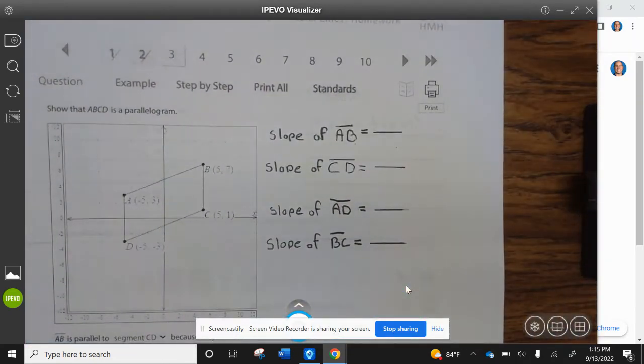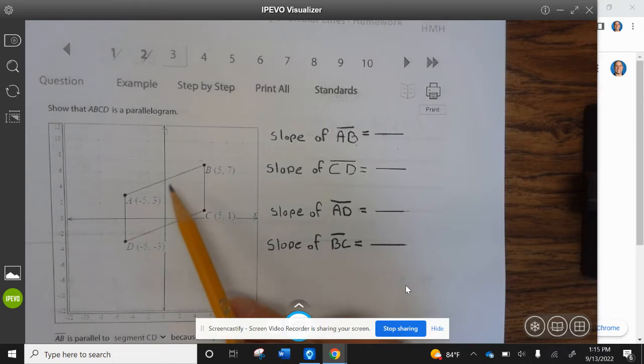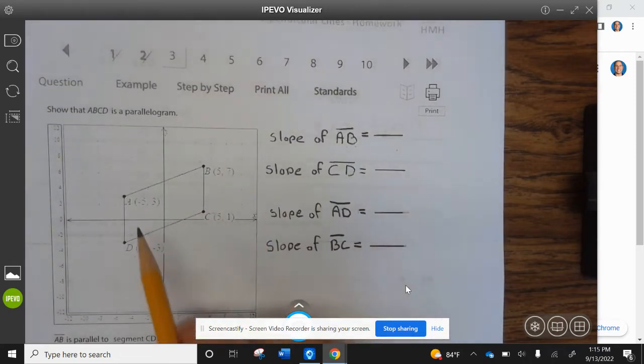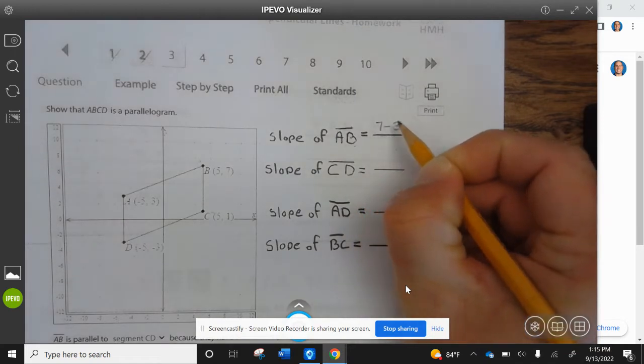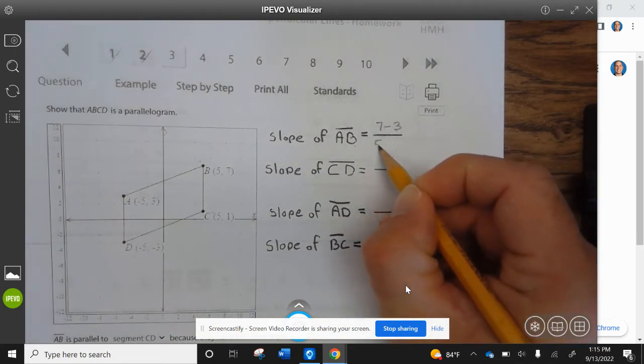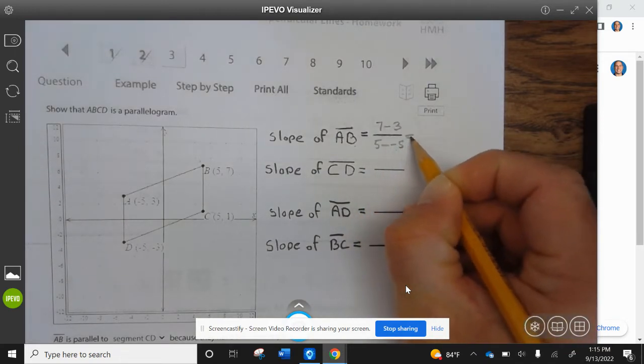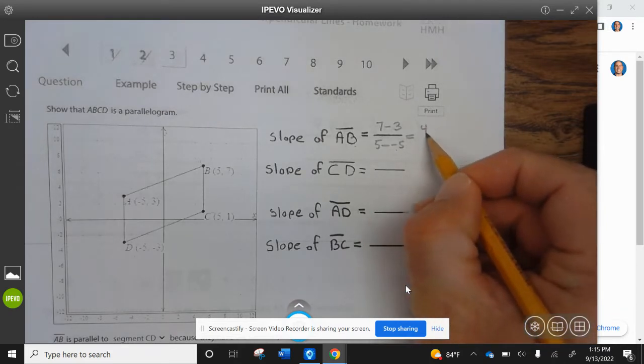All right, question 3. Show that ABCD is a parallelogram. First, we need to find the slope of AB and CD. So to find the slope, we take 7 minus 3 divided by 5 minus -5. So that equals 4.